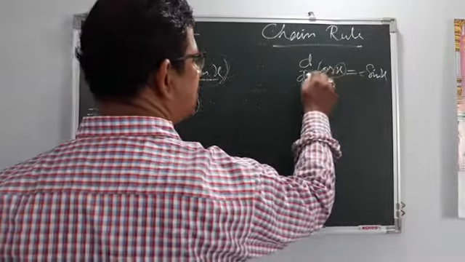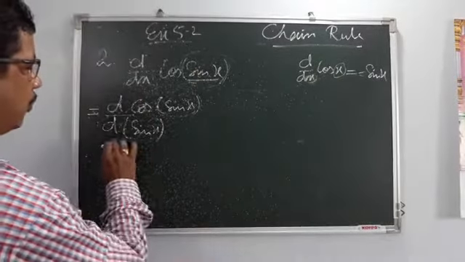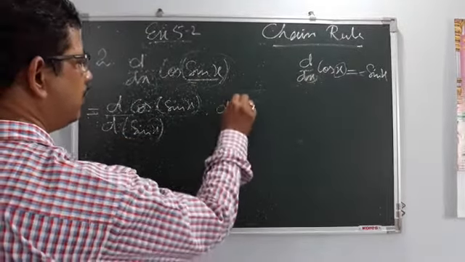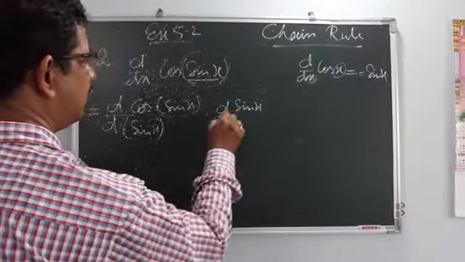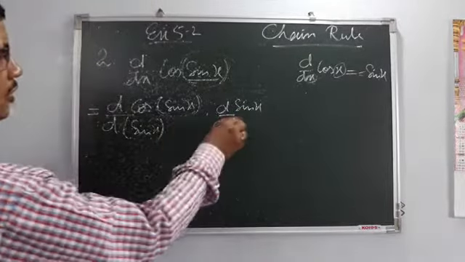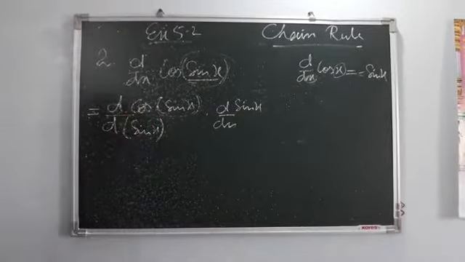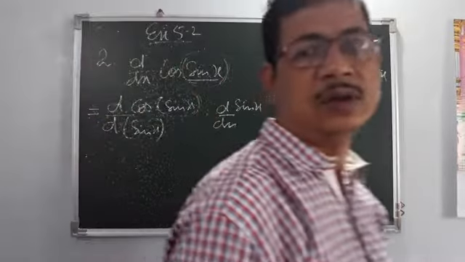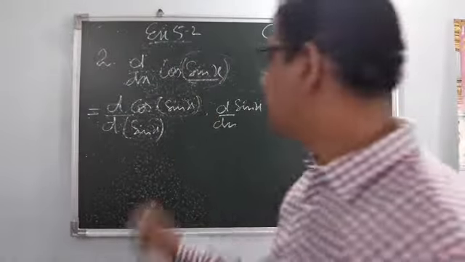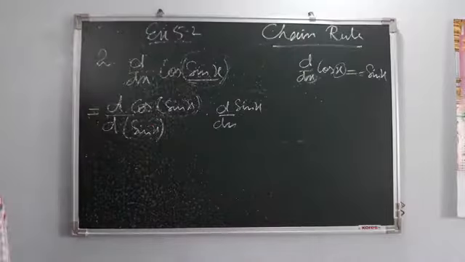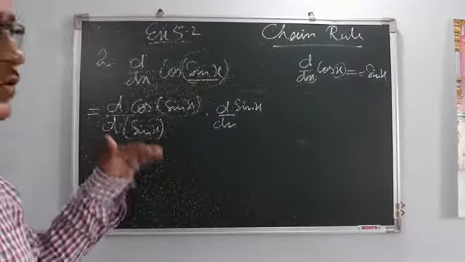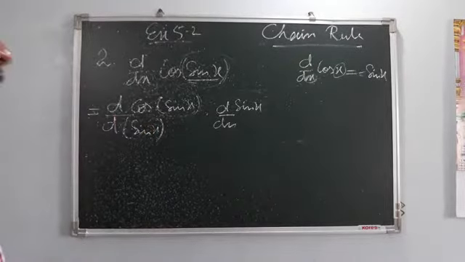Whatever it is here, it is there. Then to make it equilibrium, we have to write again here d sin x. It is something like this: d sin x gets cancelled, and we get dx again. We can write this line this way. So this is our chain rule. This rule we will use here.